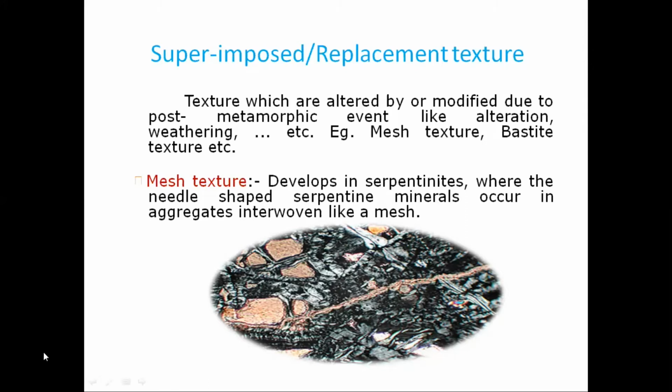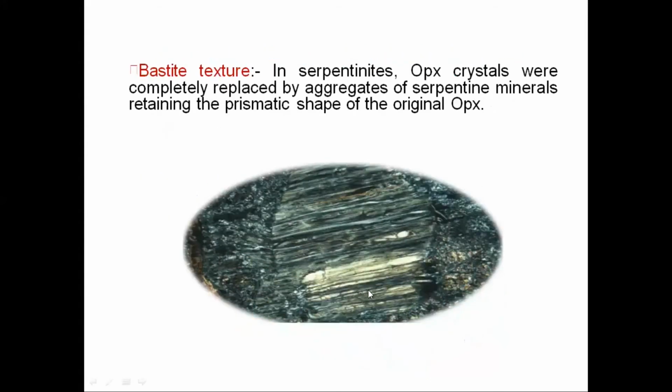You can see the crystals of serpentine mineral that occur as an aggregate, and they give you the appearance of a mesh-like texture, just like a जाली, a mesh-like material.